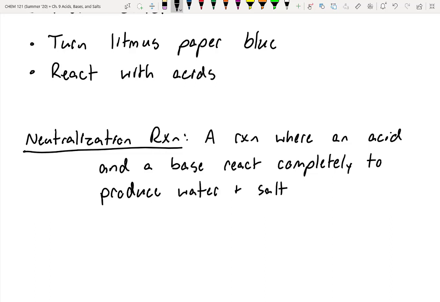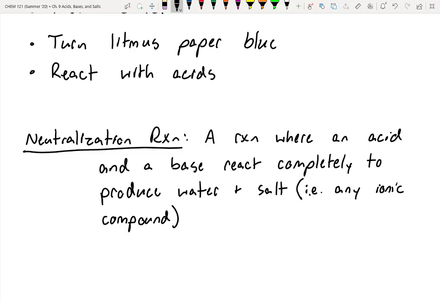And like we said, salt isn't always sodium chloride. It could be any ionic compound. So let's put a note here. So i.e. any ionic compound.